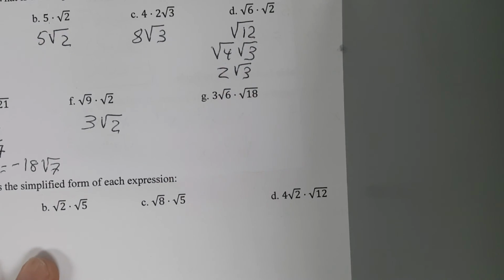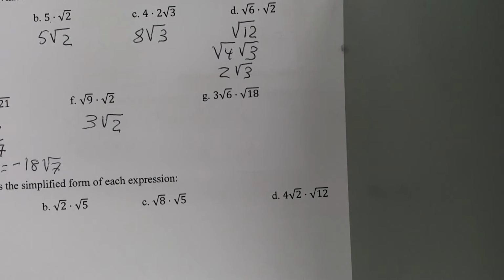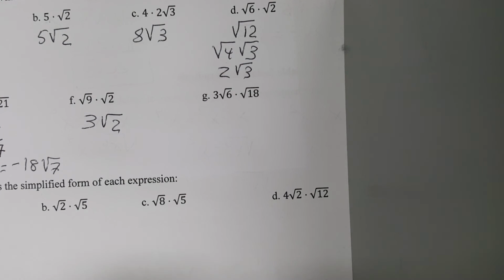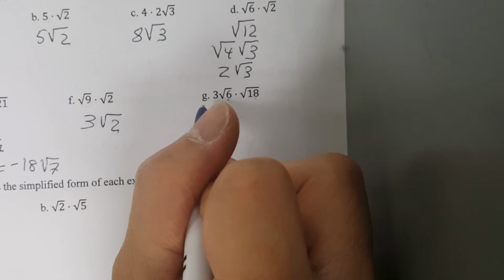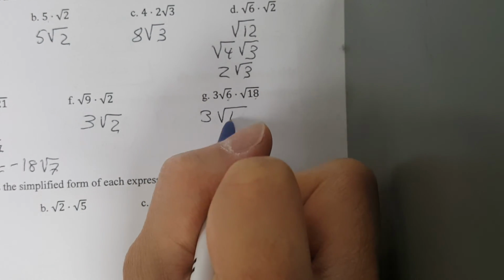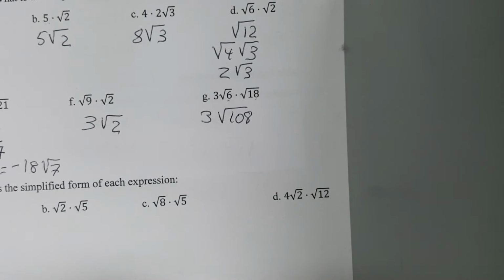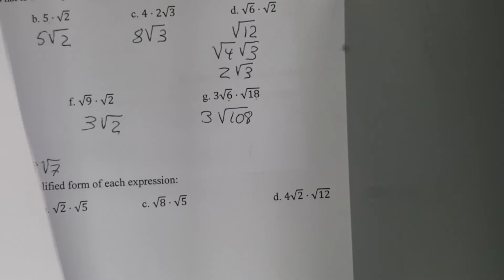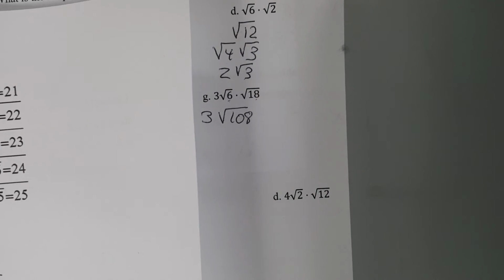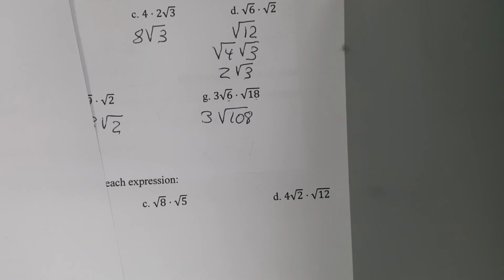Okay. And then the last one, I multiply 6 and 18, so that's 3 radical 108. And so now I ask myself, what is the largest number that can go into 108? And if I look at this list, I think it's probably 16.